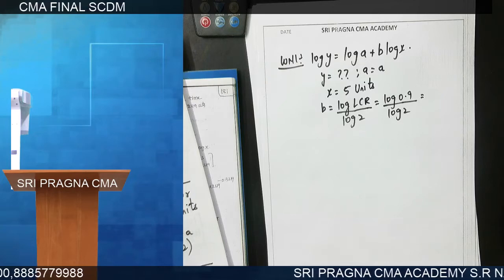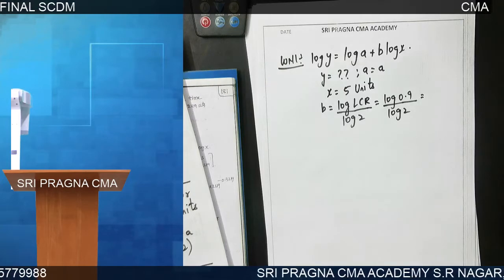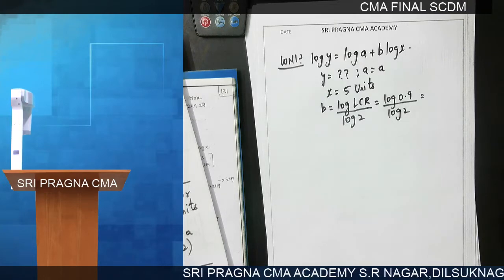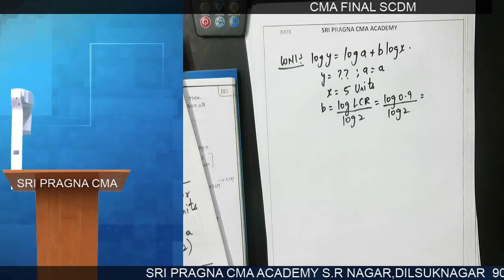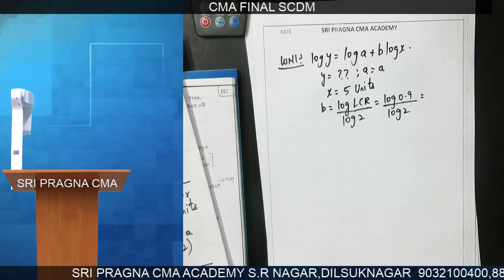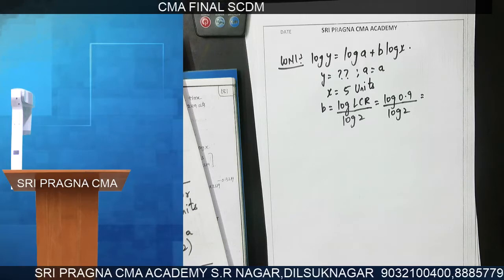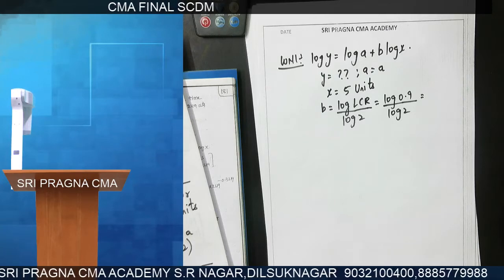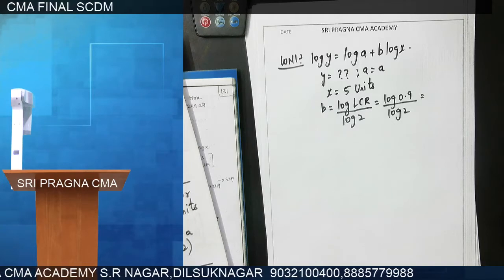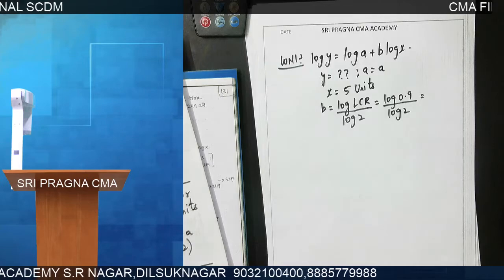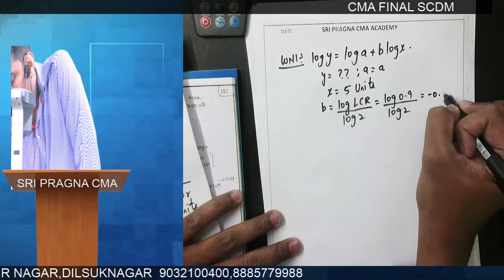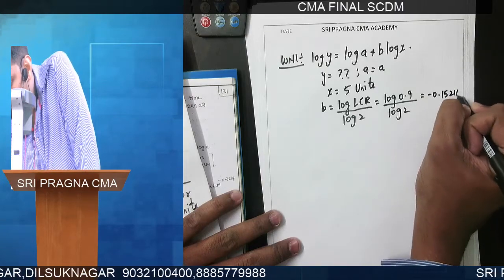Check in your material, in the previous problem or the one before that, was log 90 there? Was 90 there in any of the problems? Which problem? Go to problem 13. Was 90 there? Tell me the b value automatically. -0.15216.